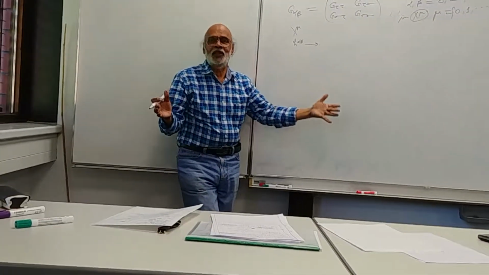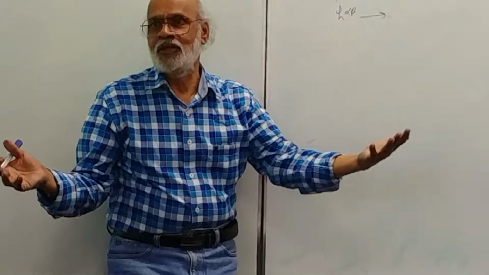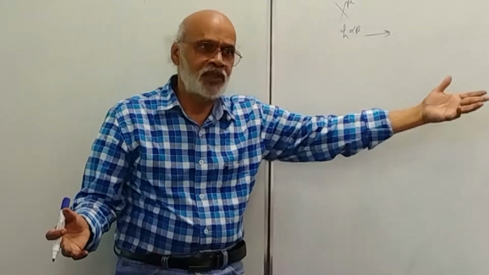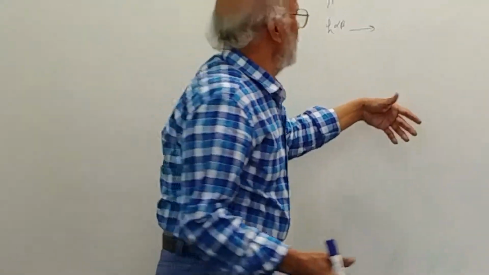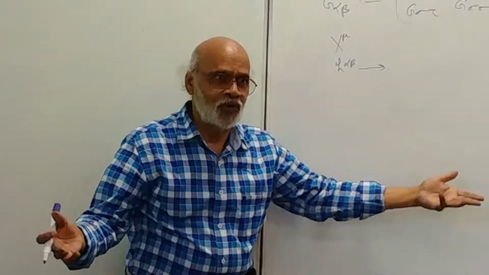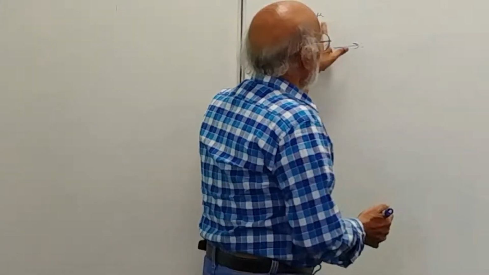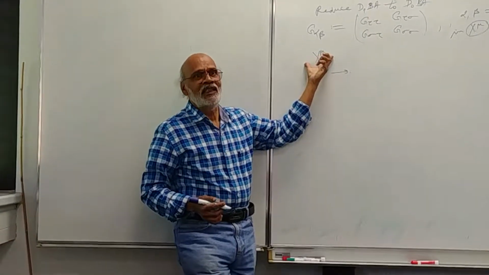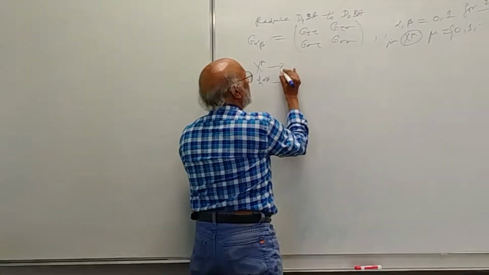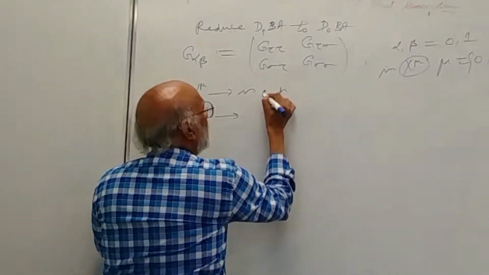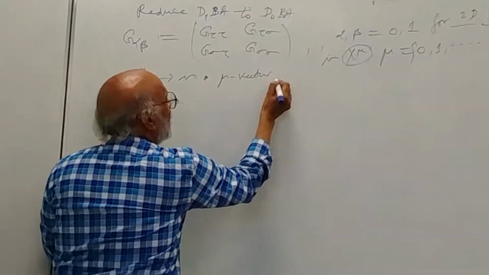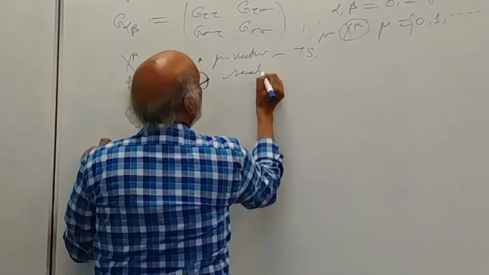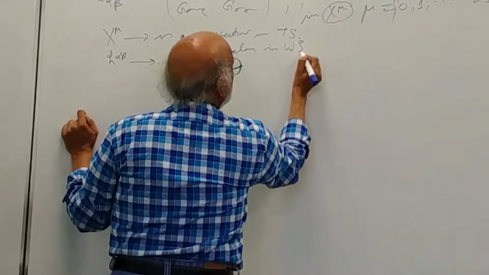Because in string theory we have two spaces, the world sheet space and the space time space, or target space. As long as you see the index mu there, then this is a mu vector in the target space, and this is a scalar in world sheet space.